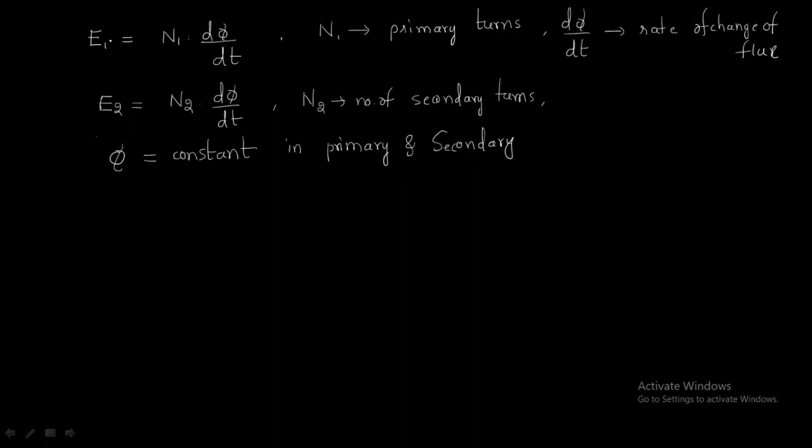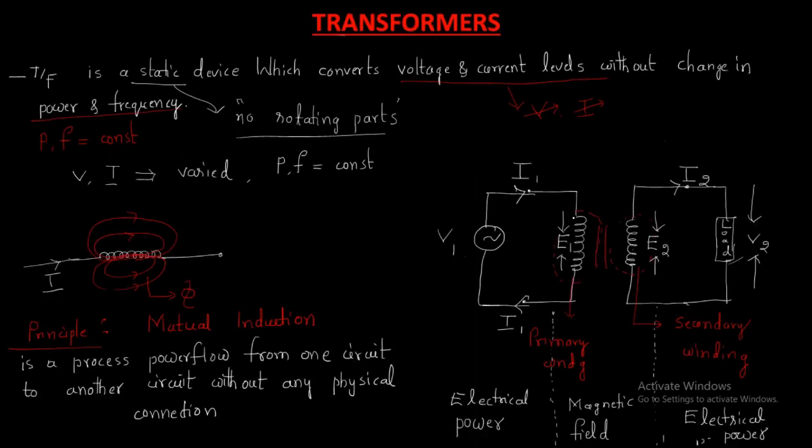Okay. Let us look once again at this winding. This is called 1 turn, 2 turn, 3 turn. It has a number of turns. The secondary also consists of a number of turns. These numbers of turns decide the magnitude of the induced EMF.